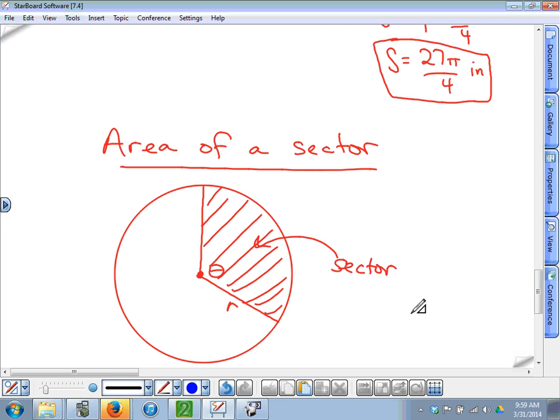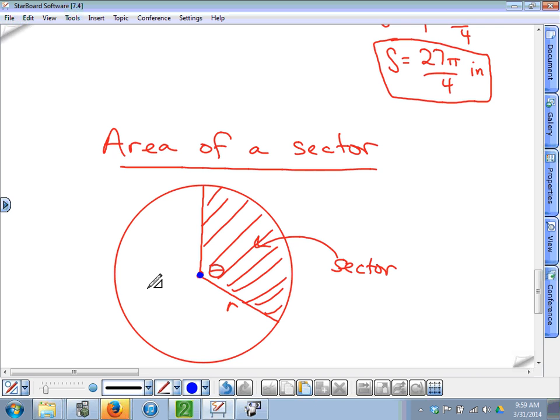Pi r squared? Anyway, that's the area for an entire circle. We're talking about just a portion of it. That's what a sector is. A sector is a portion of the inside of a circle, as long as the angle is a central angle. Some students get confused with what a sector really is. I don't want you to draw this, well, maybe just so you can compare.